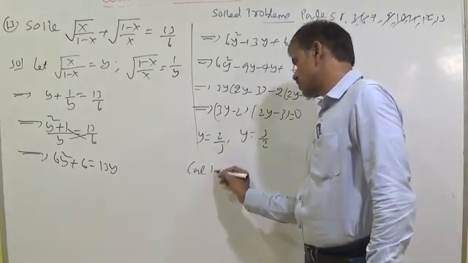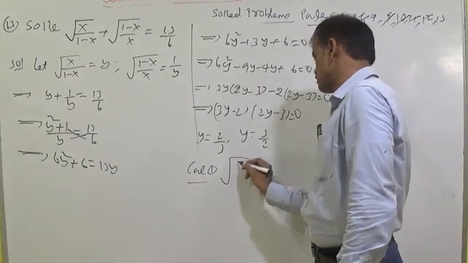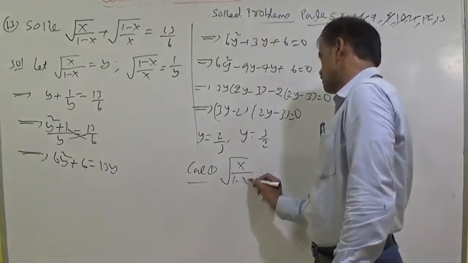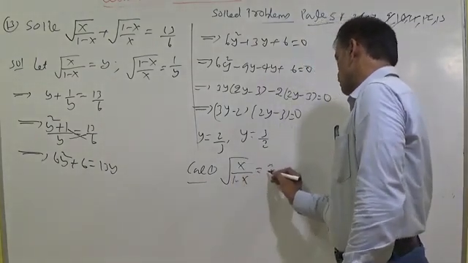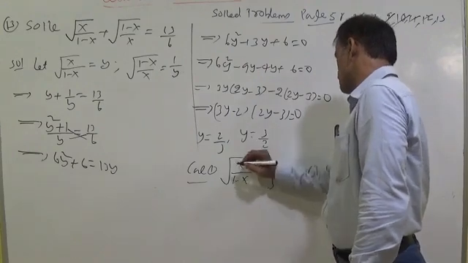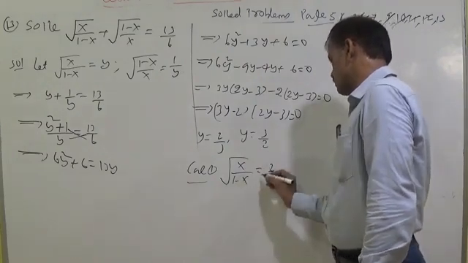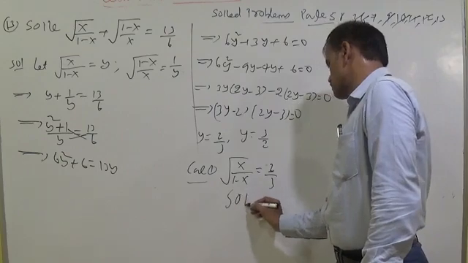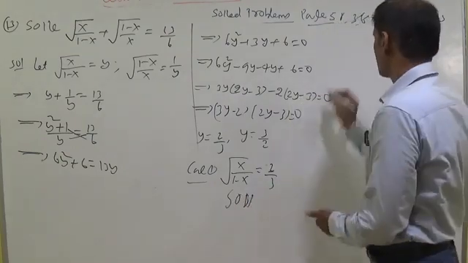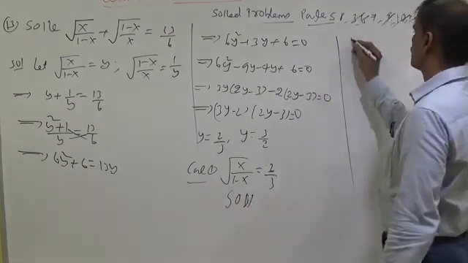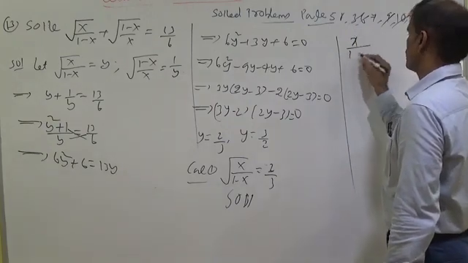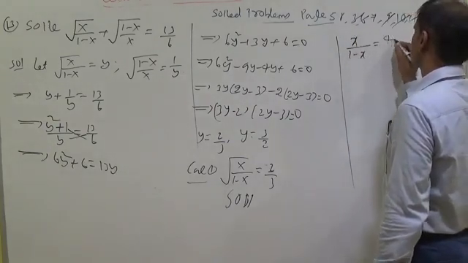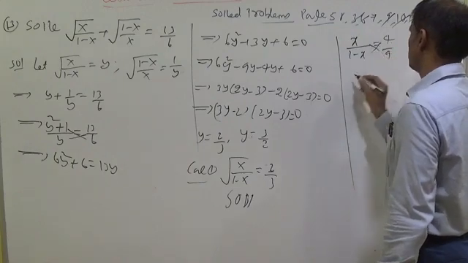Case 1 we can take. Case 1 is root x by 1 minus x equal to 2 by 3. Squaring both sides, x by 1 minus x is equal to 4 by 9.